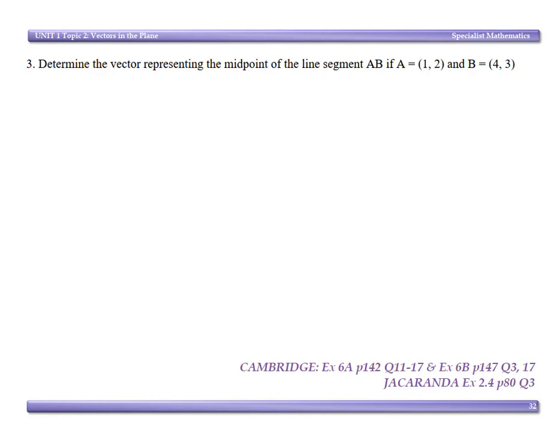Last example for midpoint. Determine the vector representing the midpoint of the line segment AB if A is 1, 2 and B is 4, 3. So OA is i plus 2j, just using the coordinate. OB is 4i plus 3j. Now remembering that that is vector A and that is vector B. Now we can just use the formula.